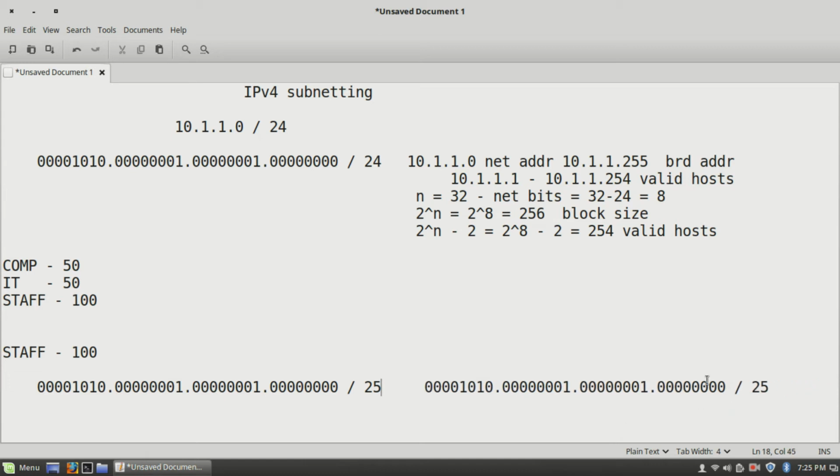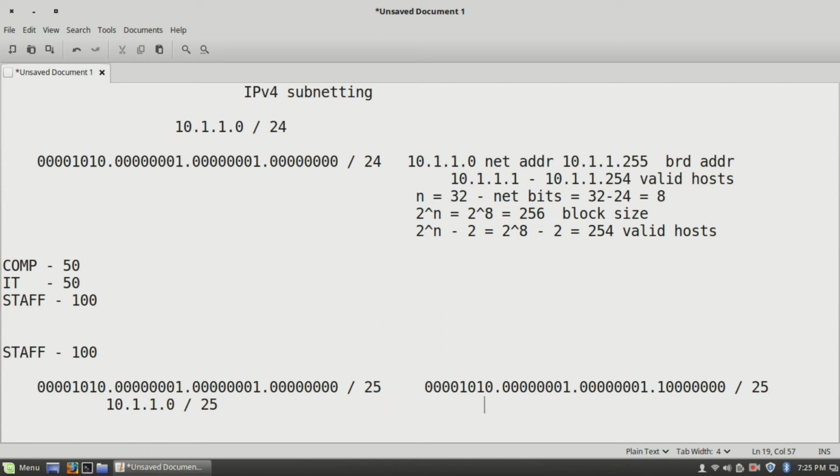If it changes, it becomes a different network. Let me write it in decimal: 10.1.1.0, since all the bits are 0, the decimal equivalent is also 0. /25 stays as it is.